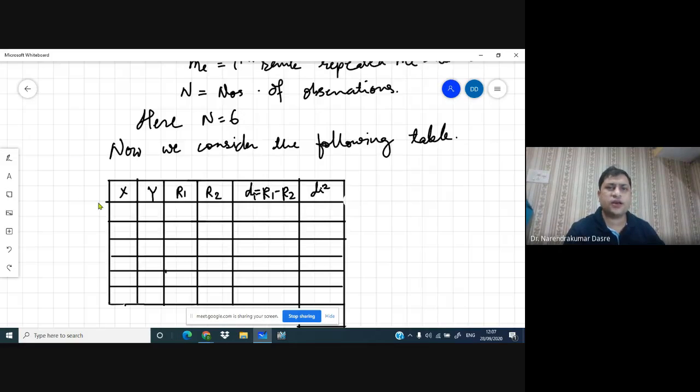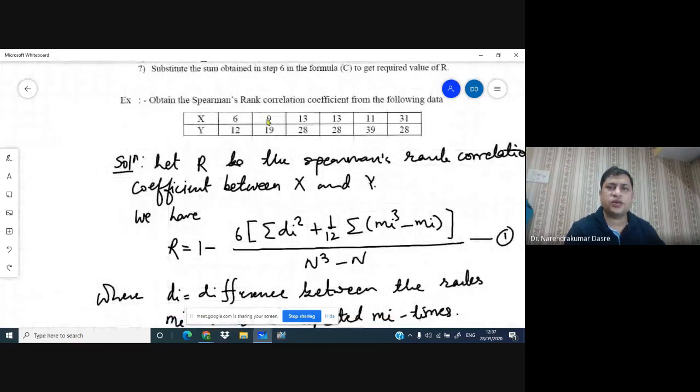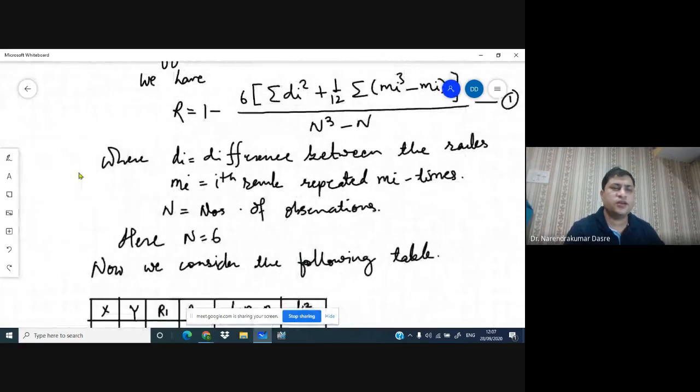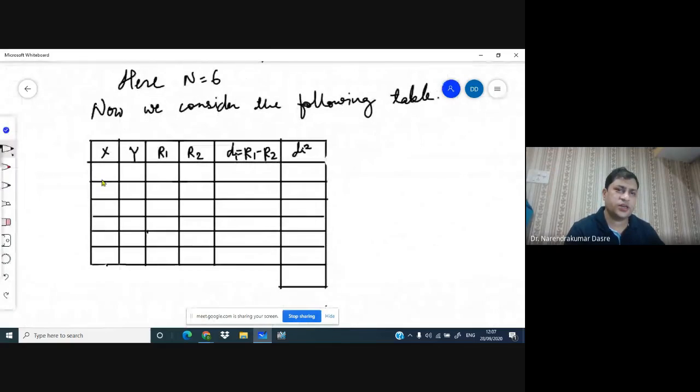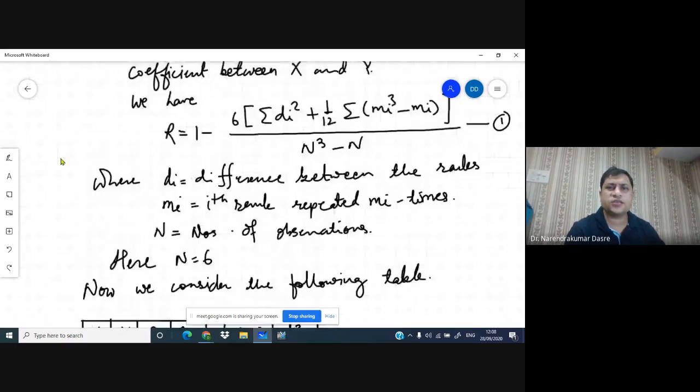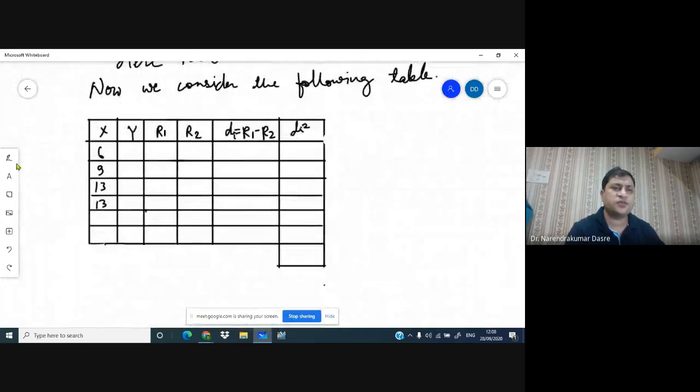So let us calculate what we have. It is going to be 6, 9, 13, 13. So this data is 6, 9, 13, 13, and then we have 11 and 31.